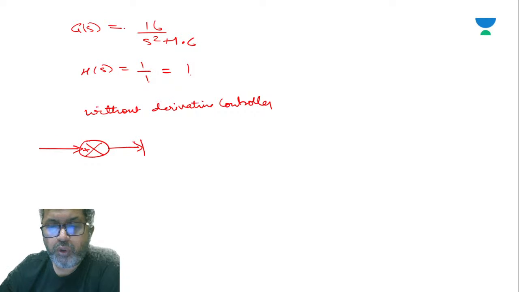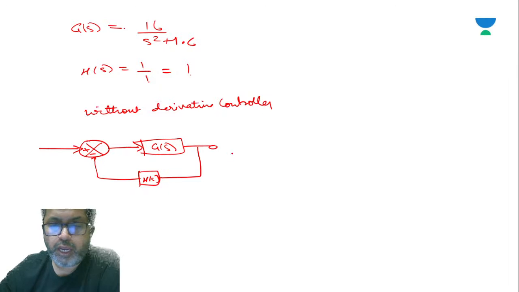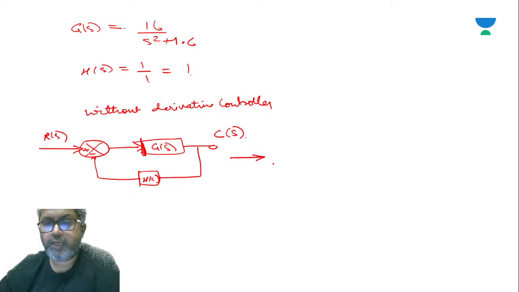This is GS, this is HS, this is negative, RS and CS. What is the transfer function?